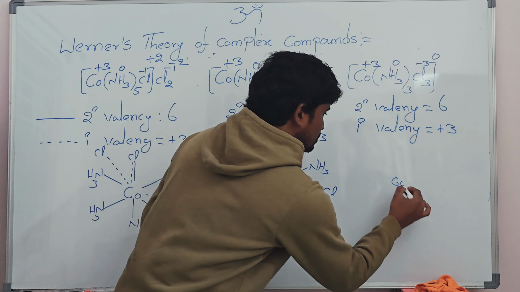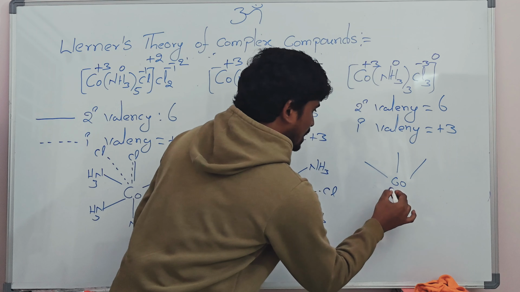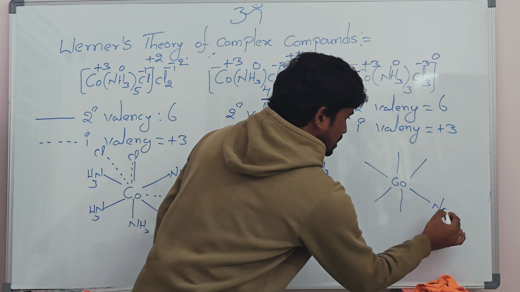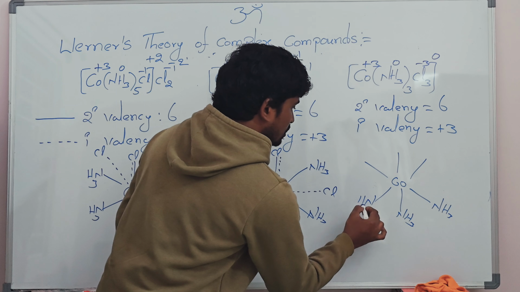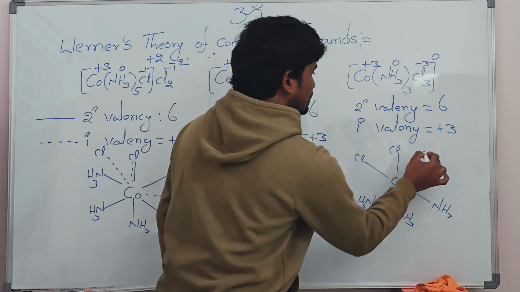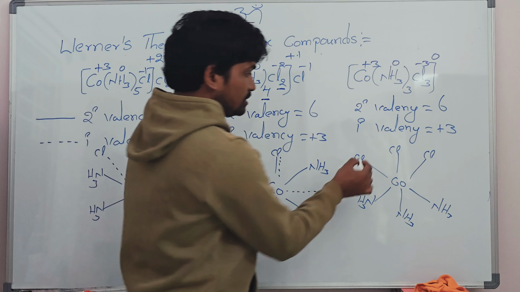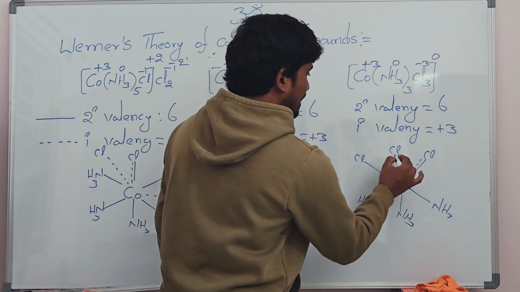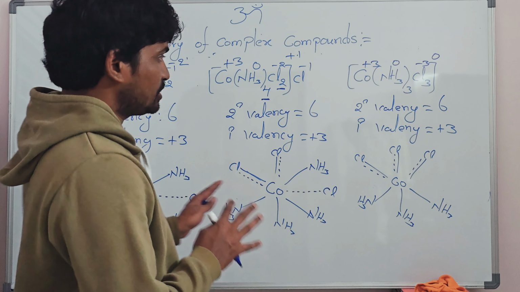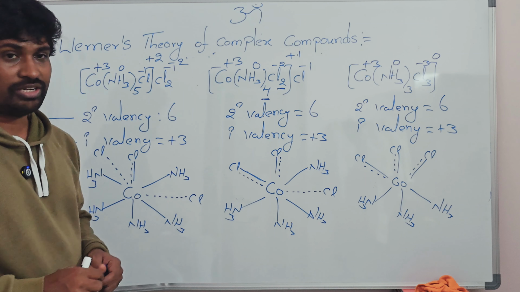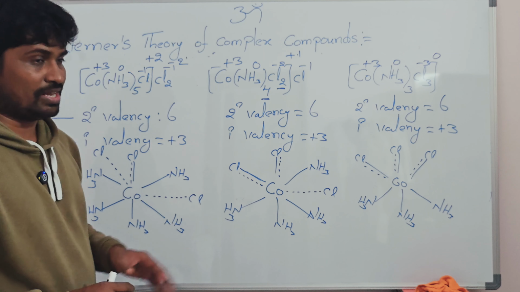Complex representation: around the metal atom, 6 ligands are present, 3 amines and 3 Cls. Cl, Cl, Cl. These 3 Cls satisfy the primary valency also, and are represented like this. So this is the representation of complex compounds as per Werner's theory, with identification of primary and secondary valency.